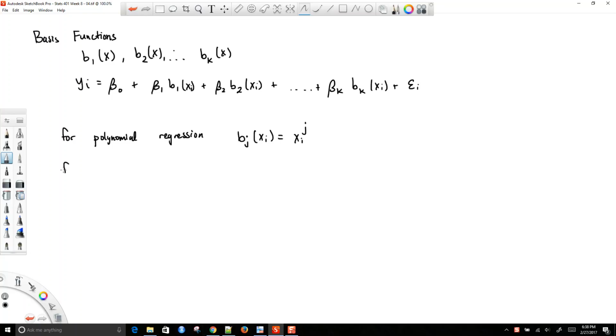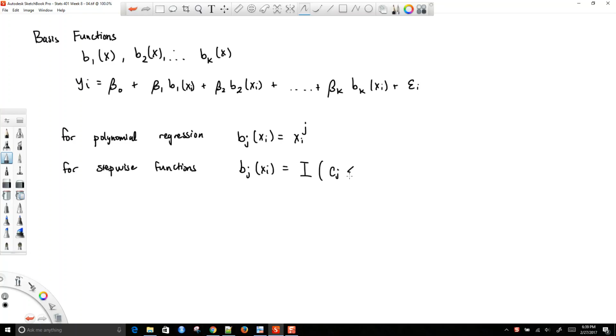Okay, and then for stepwise regression, or stepwise functions, the basis functions were the indicator functions for that particular set of cut points. Okay, so we said basis sub j of x sub i was the indicator function for whether x is between that particular set of cut points.